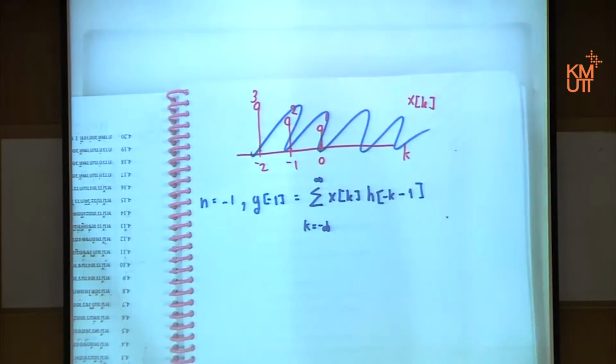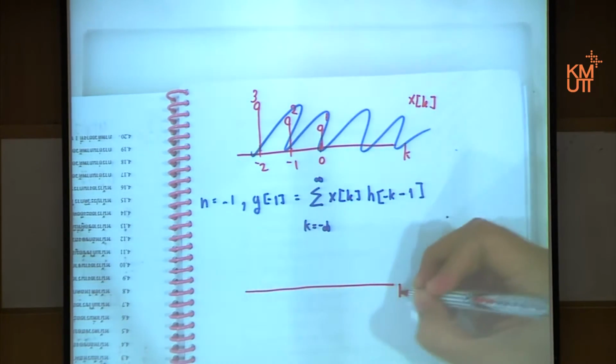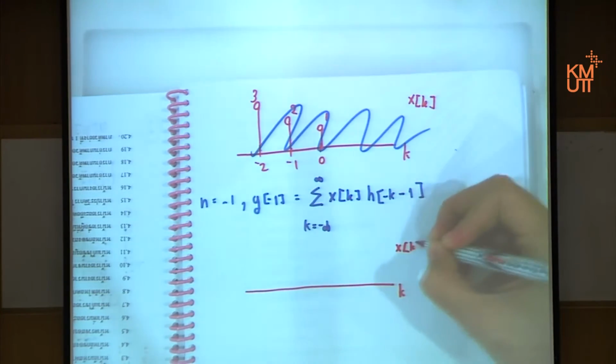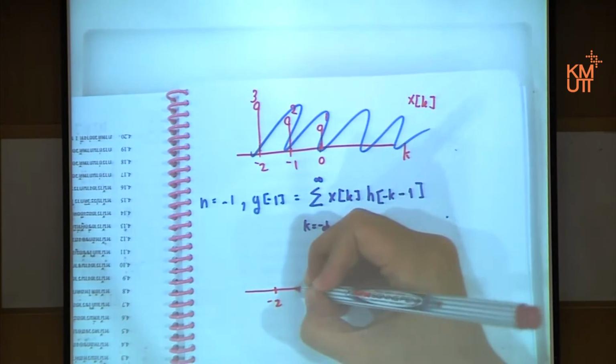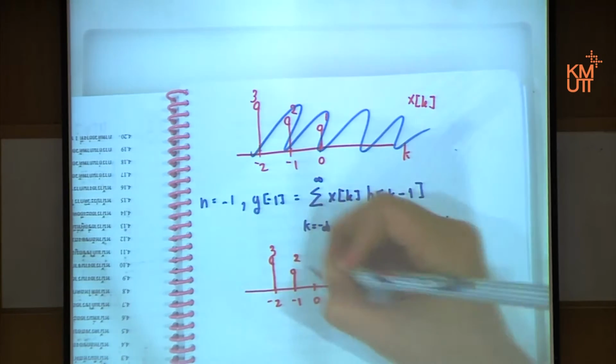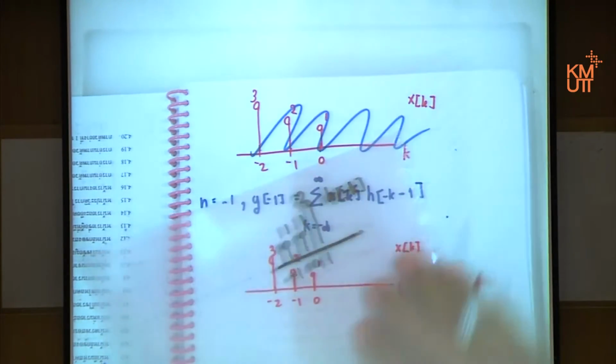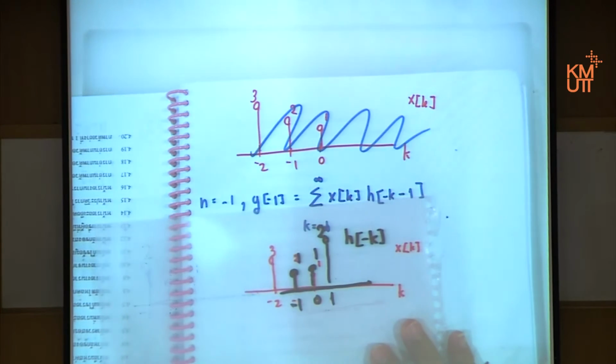You don't need to redraw, because you can use the same x[k] as before. Now my x[k] is this one. For the initial position, the black one will be located at this location, right?